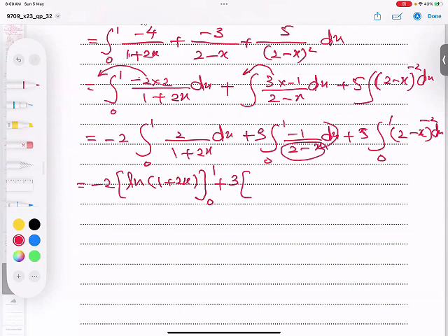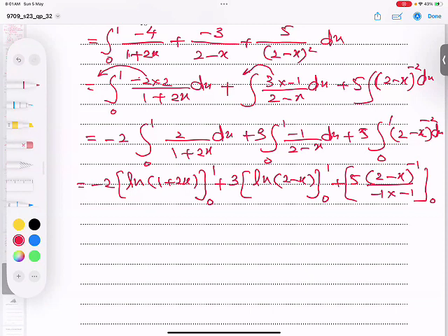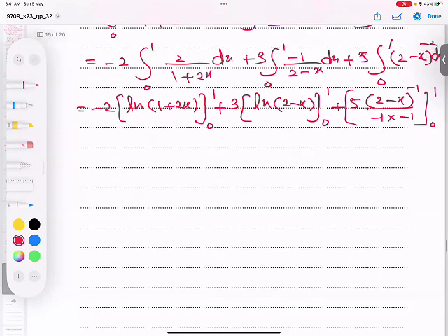Function in denominator, derivative is available, power is 1: logarithm of 2 minus x. What about this? AS level integration, increase the power by 1. If I increase, I get -1 over -1 into the base derivative. 2 has a 0, x becomes 1, and this minus comes from there. Don't forget this -1. And then I just simplify. It's not a big deal.